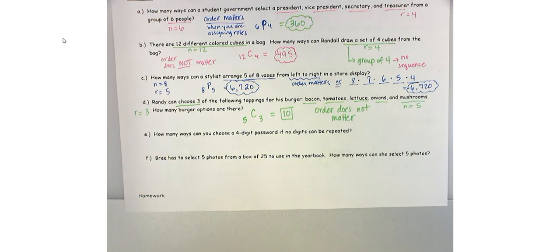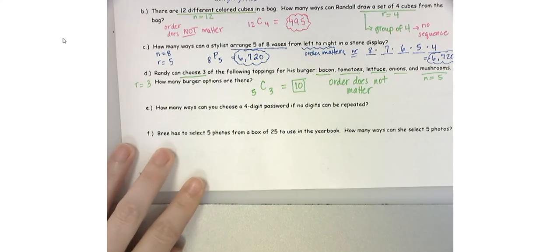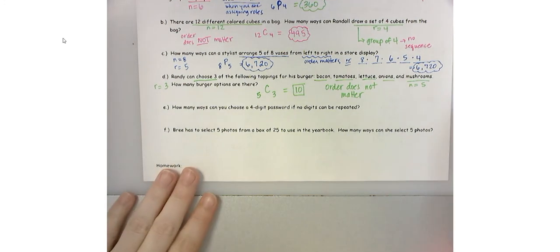If your password is 1234 and you enter 4321, is your phone gonna let you in? No. Okay, so yes, your order matters. So how many options do you have of your digits? 10. So your N is 10. Your R is 4. So you could do 10P4.